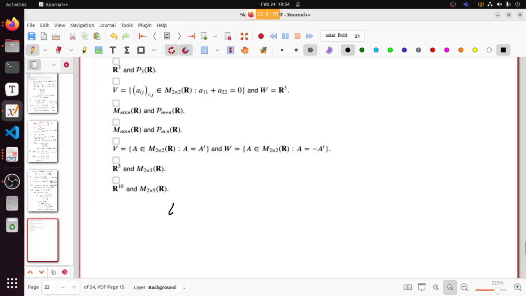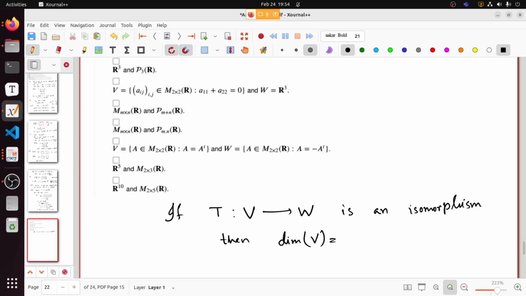So if T from V to W is an isomorphism, then dimension of V equals dimension of W. And this is if and only if, because these are all finite dimensional: if the dimensions of both spaces are the same, then they are also isomorphic.